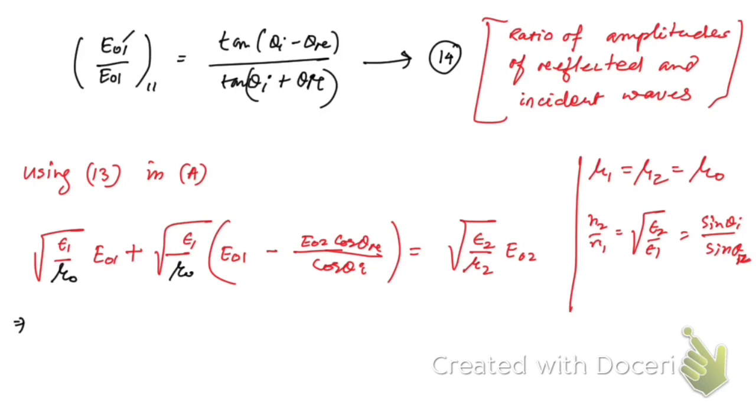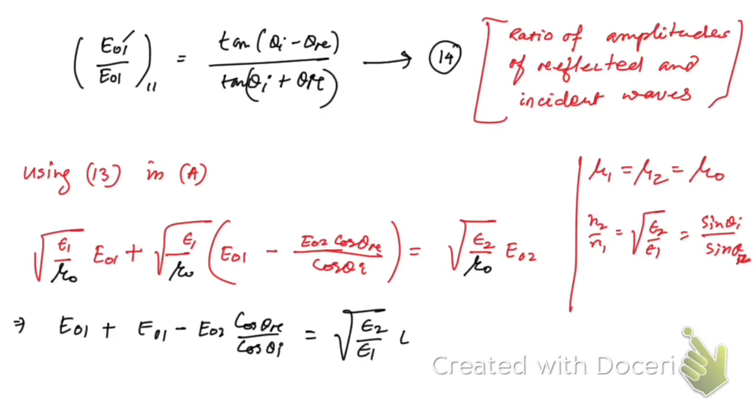If we multiply each and every term by root over mu naught by epsilon 1, we get E naught 1 plus E naught 1 minus E naught 2 into cos theta r by cos theta I is equal to epsilon 2 by epsilon 1 E naught 2. That's what we're going to have.